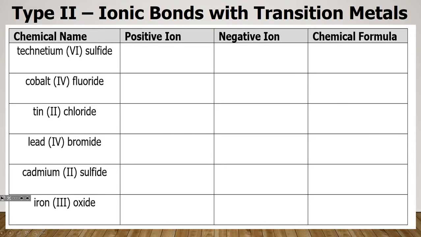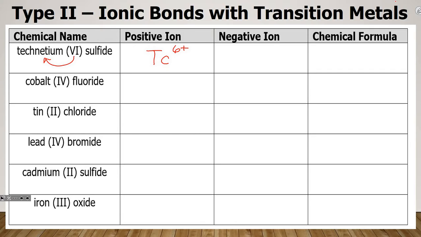Okay, so do it with me. Technetium. It's got to be in the D, the F, or the lower P because of the Roman numeral. Can you find technetium? What's the symbol for technetium? Tc. Good. This tells me the charge. What Roman numeral is that? It's a positive 6. So 6 plus. Then we go sulfide. That's going to be on the right-hand side because all the negatives are on the right-hand side.